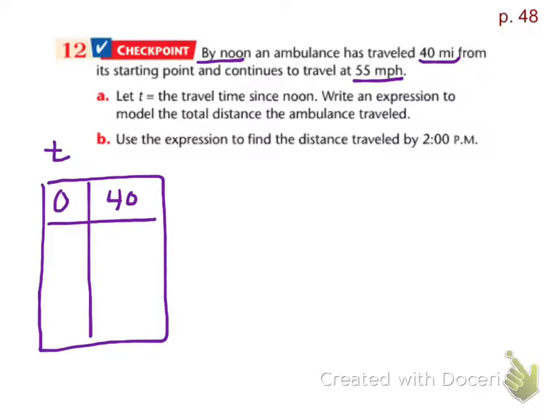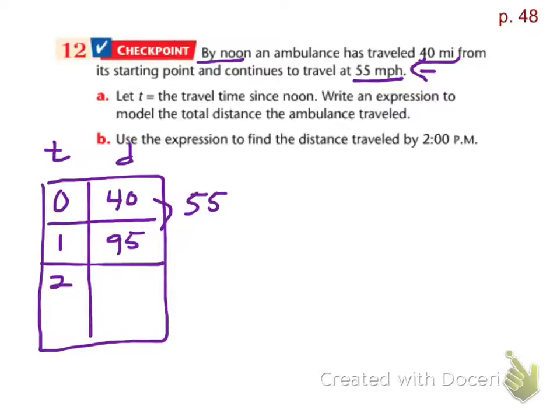So this will be t, and d will be my y. So after 1 hour, if I'm traveling at 55 miles per hour, I'm going to add 55 onto the 40, which is going to give me 95.